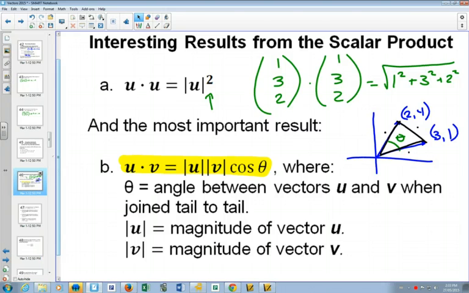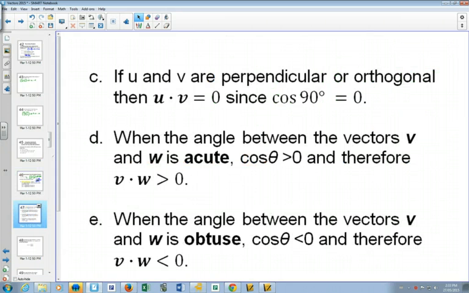Now, based on this result, if you have two vectors that are perpendicular, and here is a new word for perpendicular, have you heard of the word orthogonal before? Since cos of 90 degrees is 0, anytime you have your dot product equal 0, you already know that those two vectors are at 90 degrees.